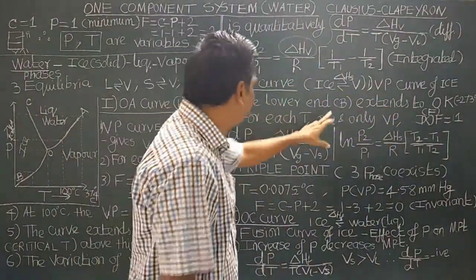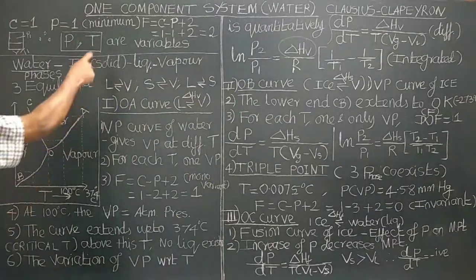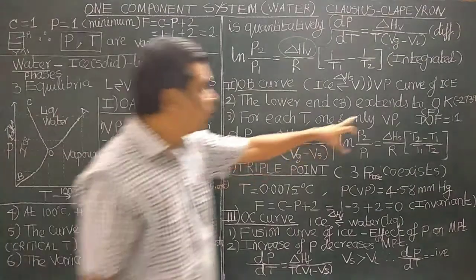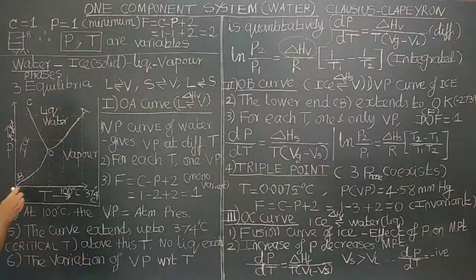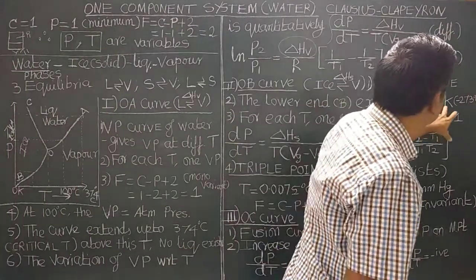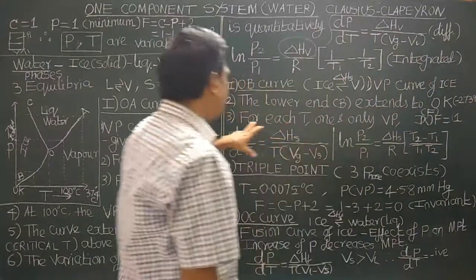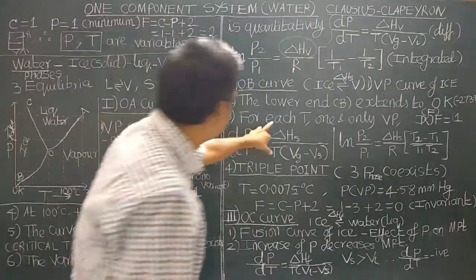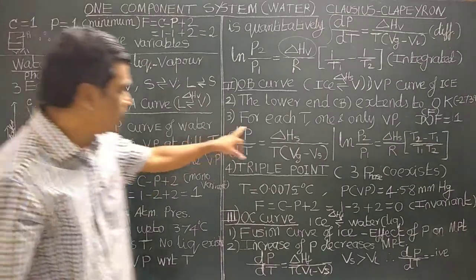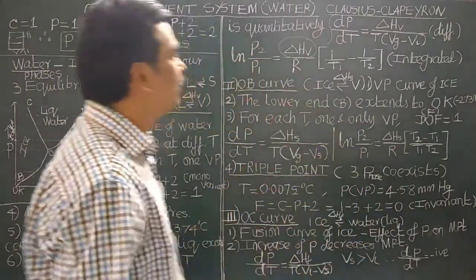And the lower end extends to absolute 0 Kelvin. This point is called 0 Kelvin, that is minus 273. For each temperature, there will be only one vapor pressure.